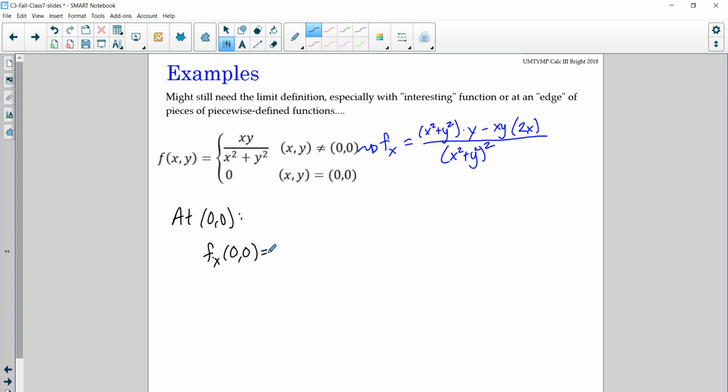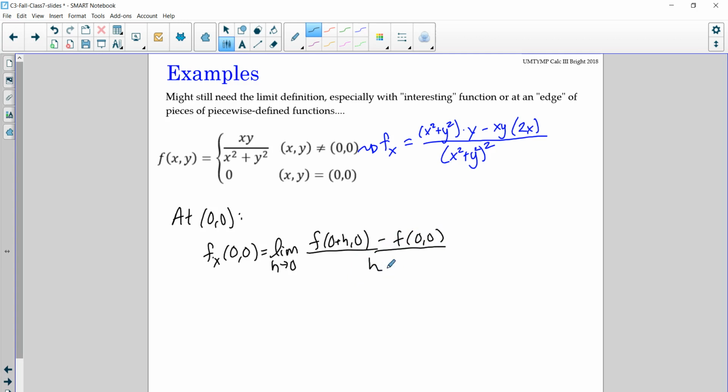So this is going to be the limit as h approaches 0 of f of 0 plus h comma 0 minus f of 0 0 all over h.